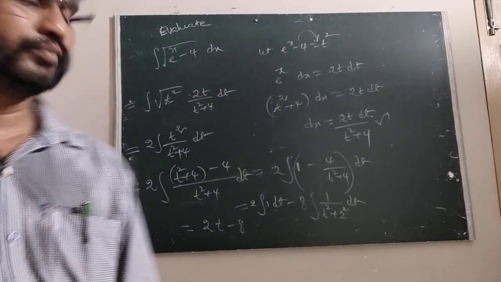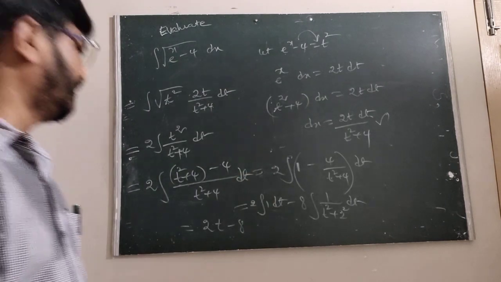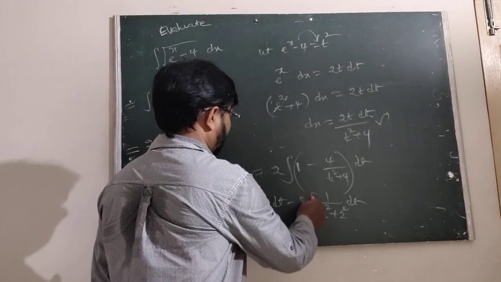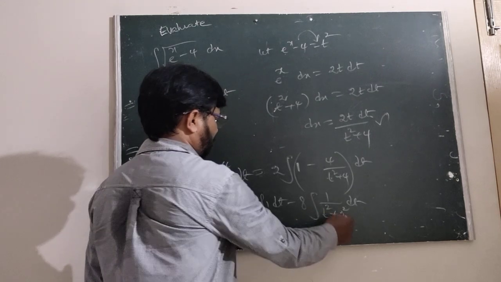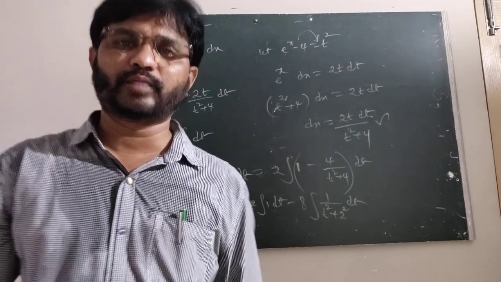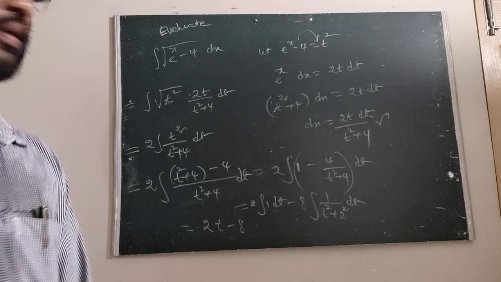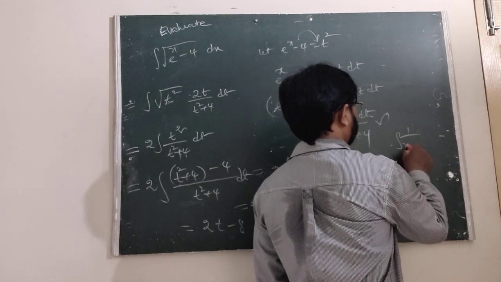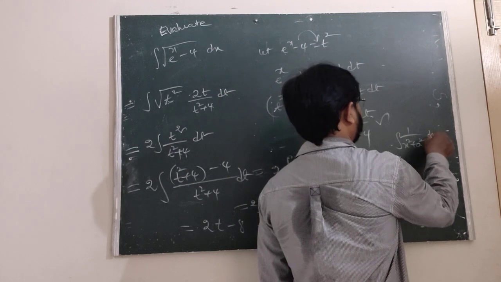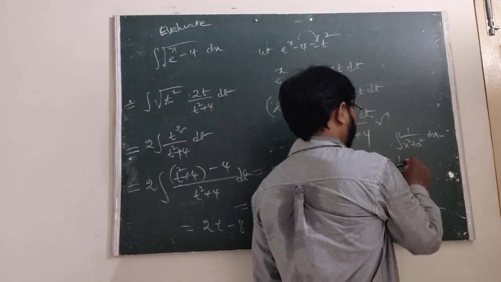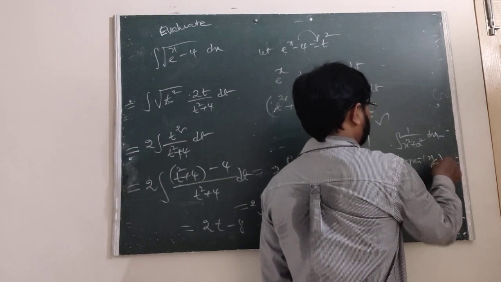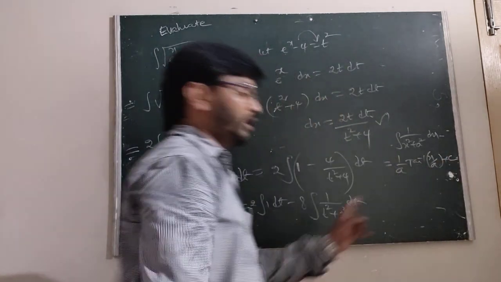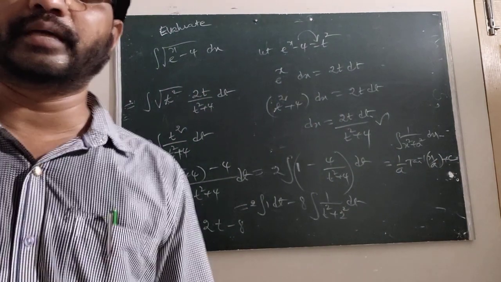We know the formula from the 9 standard integrals: the integral of 1 upon x square plus a square dx is 1 by a tan inverse of x by a plus c.